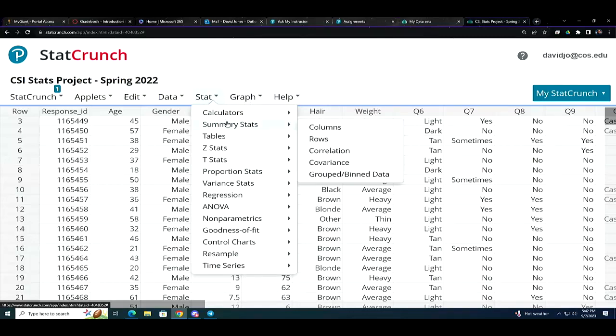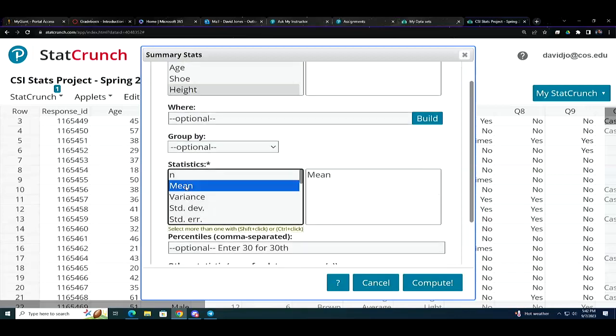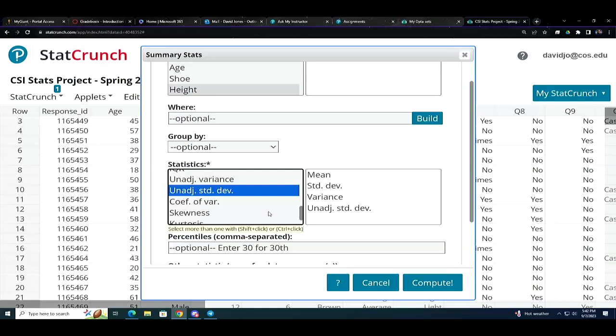I'm gonna go stats, summary stats, columns. I'm gonna do height. And we'll take a look at the mean, the standard deviation, the variance. And I'll look at that unadjusted variance and unadjusted standard deviation are damn near at the bottom of the list. They're way at the bottom.